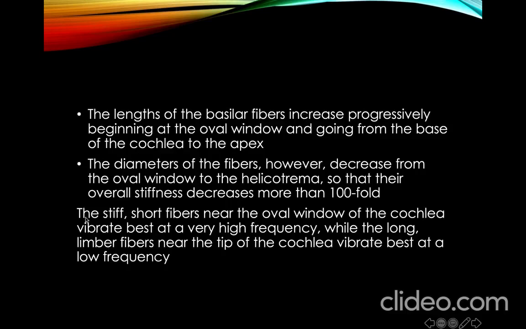So what we get is stiff short fibers near the oval window of the cochlea, while long limber fibers are near the tip of the cochlea.